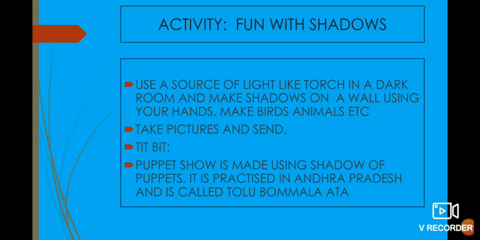You have to use a plain wall, and you have to make different shadows with the help of your hands. You can make the shape of any animal, bird, or anything, and then click a picture of this shadow and send it to me. You have to make at least two figures using shadows. Okay.